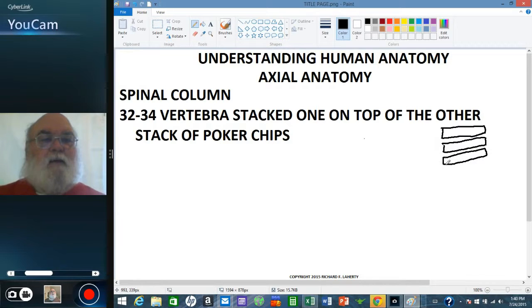One on top of the other, forming a stack or a column.